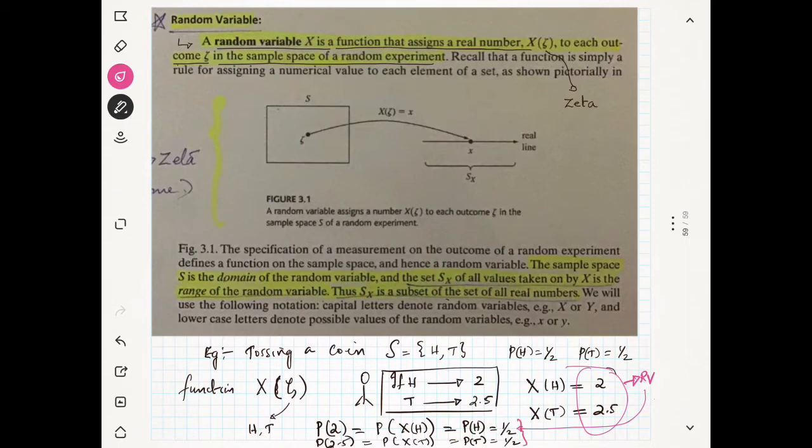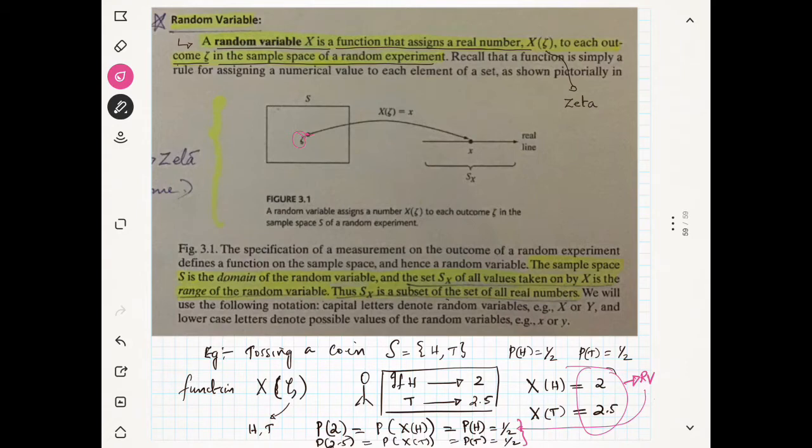Whenever you have a sample space, for each outcome you can assign a real number. Let's say zeta is the outcome; for the outcome head I have assigned the real number 2, and for the tail I have assigned the real number 2.5.